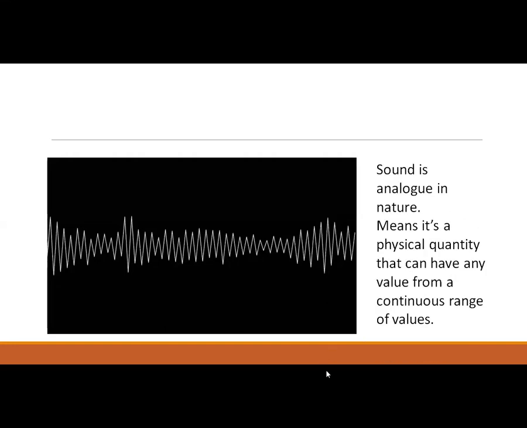Analog means it's a physical quantity which is actually measured, and it can have any value from a continuous range of values. The difference between digital and analog quantity is that you can actually count the digital quantities. Digital quantities have discrete pauses in them, but analog quantities are actually continuous and they are not counted, they are actually measured.